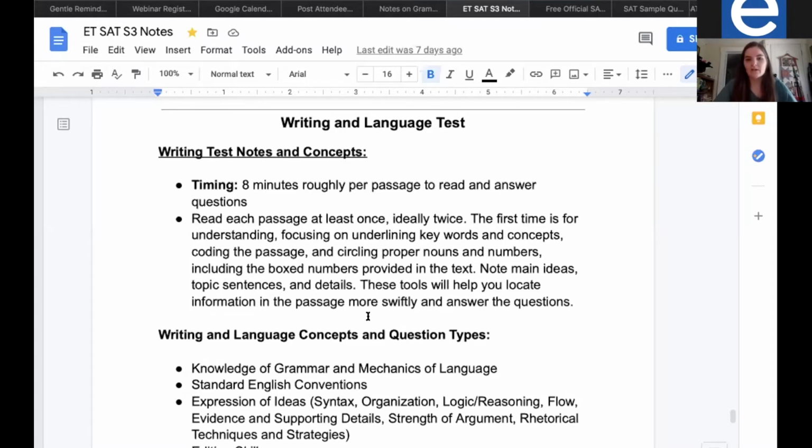Whereas with the writing and language test, the passages that you're reading were specifically designed by the test makers in order to allow you to edit the text, to be able for them to have more control over the intended meaning as a writer and as an editor.